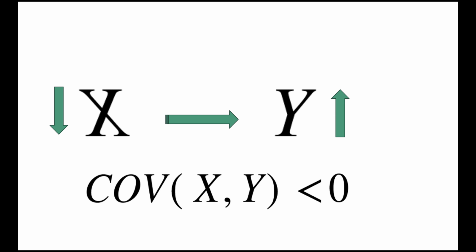When x decreases and y increases, we can see clearly that the relationship between these two variables is exactly the opposite. They vary in opposite ways. So when that happens, we say that the covariance is negative.